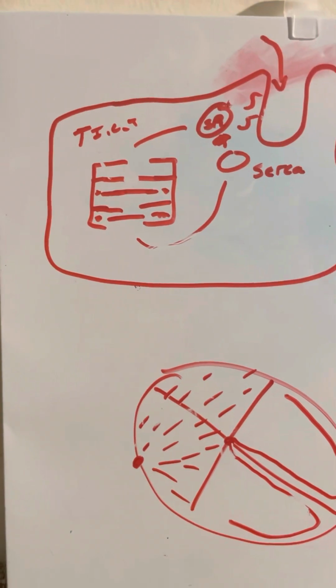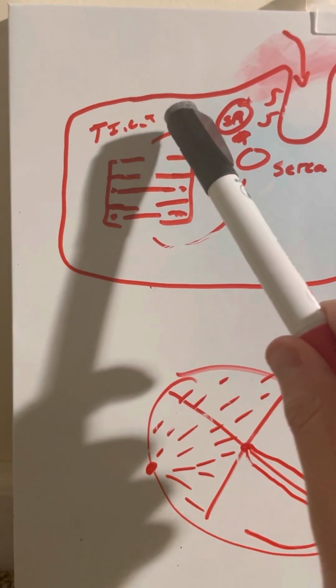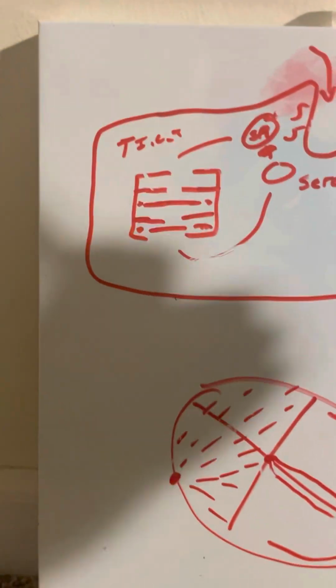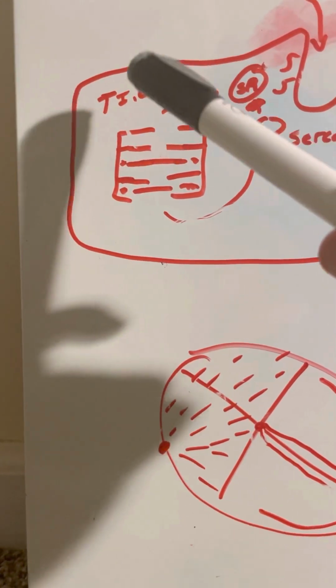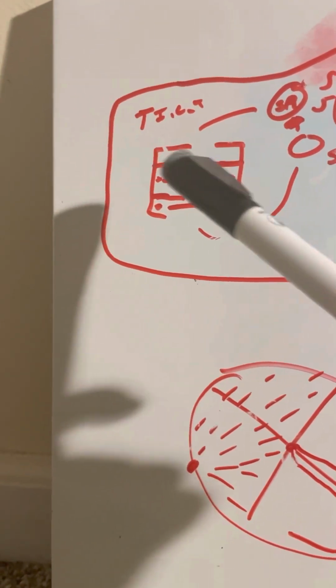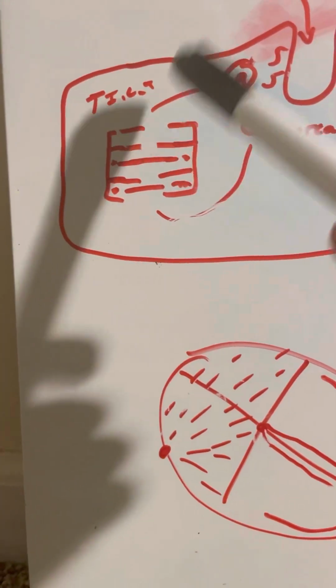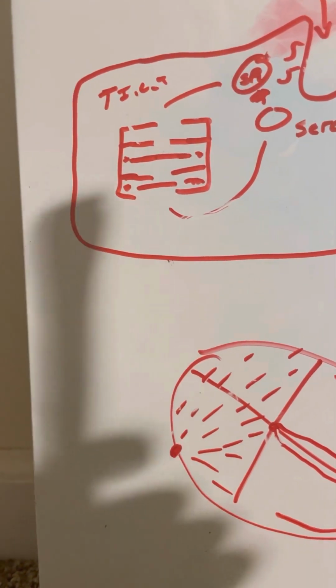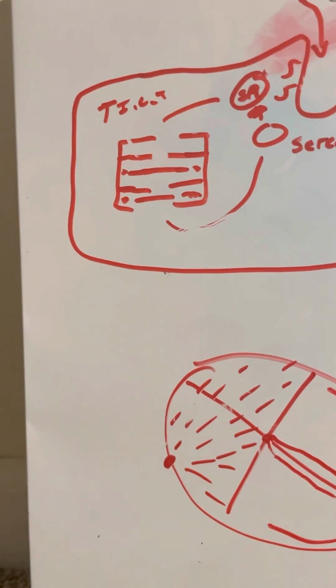So in order to control that, we have troponin: troponin I, troponin C, and troponin T. Troponin I is what's keeping tropomyosin on to actin. Tropomyosin inhibits actin and myosin from binding. So in order to get them to bind, we have to get rid of tropomyosin.